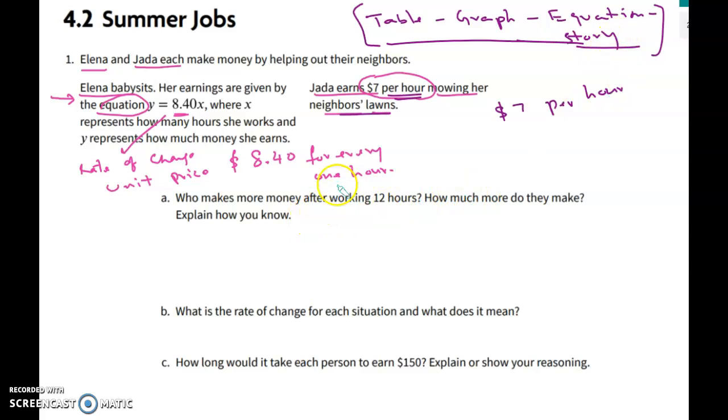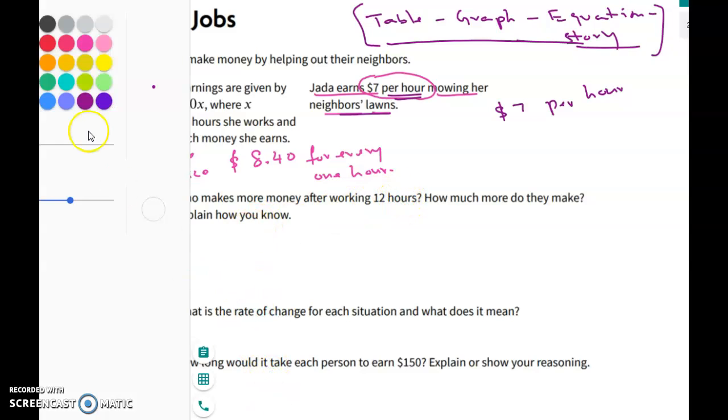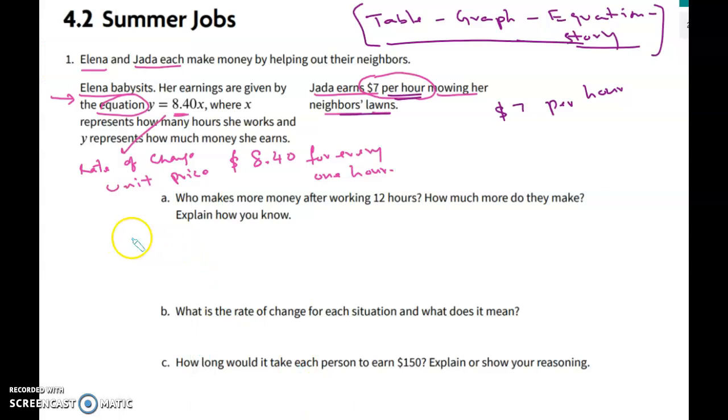So now let's answer these questions. Who makes more money after working 12 hours? Okay, let's look at Elena. Elena is $8.40, but we're looking for 12 hours.